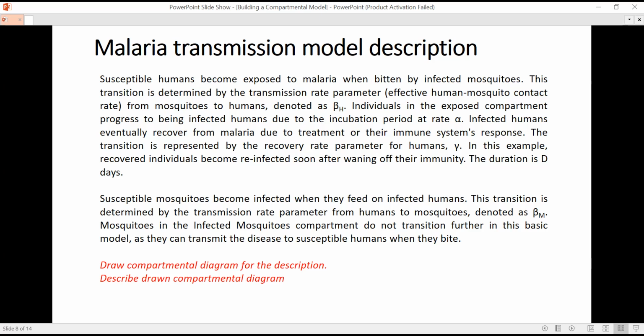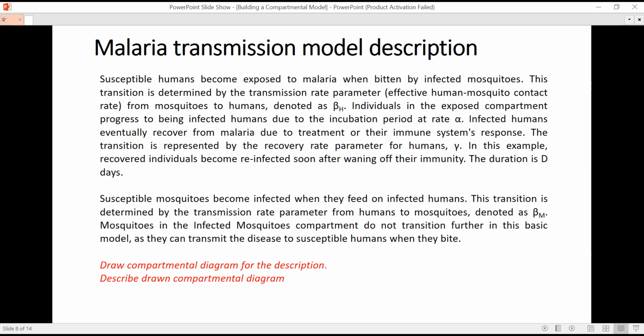Individuals in the exposed compartment progress to being infected humans due to the incubation period at rate alpha. That's how they move from the exposed to the infected.